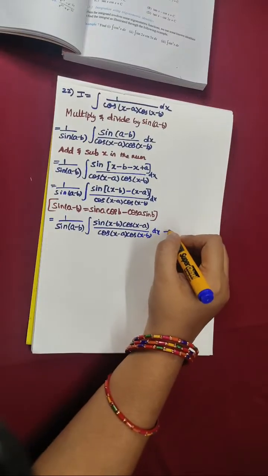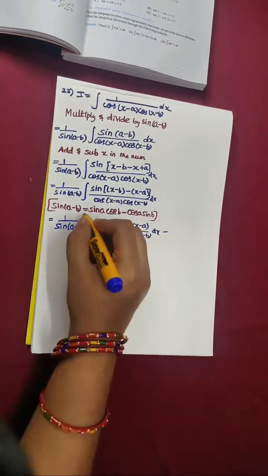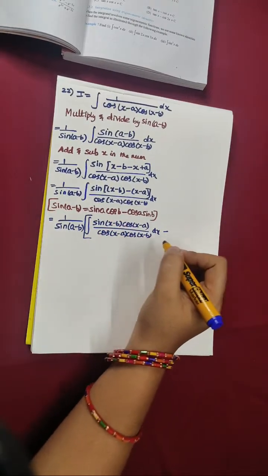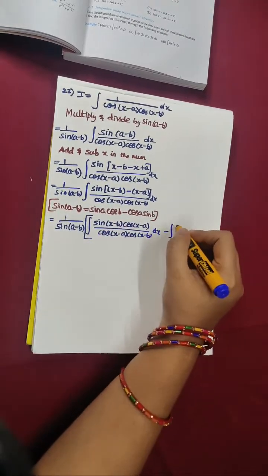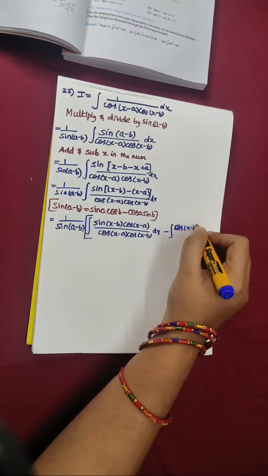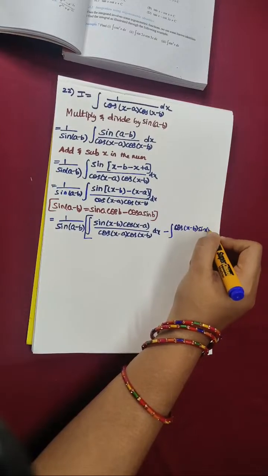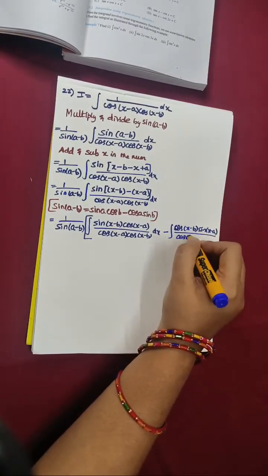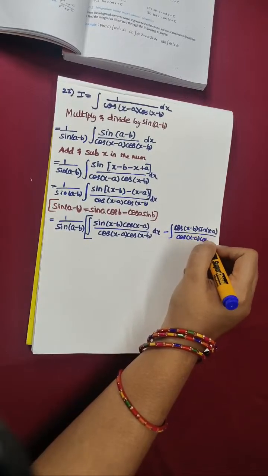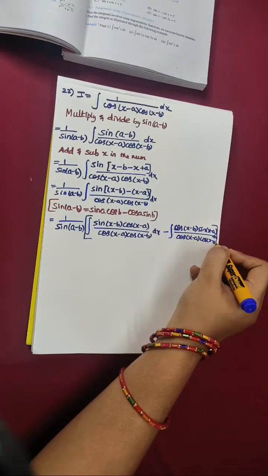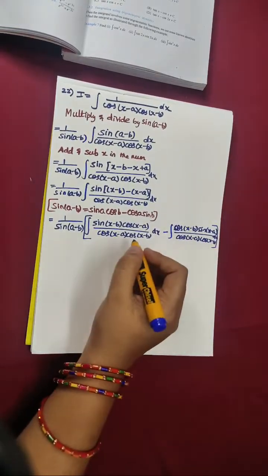In between you have minus, with 1 by sine of a minus b as a common factor, and integral cos of x minus b into sine of x minus a, the whole by cos of x minus a into cos of x minus b dx.